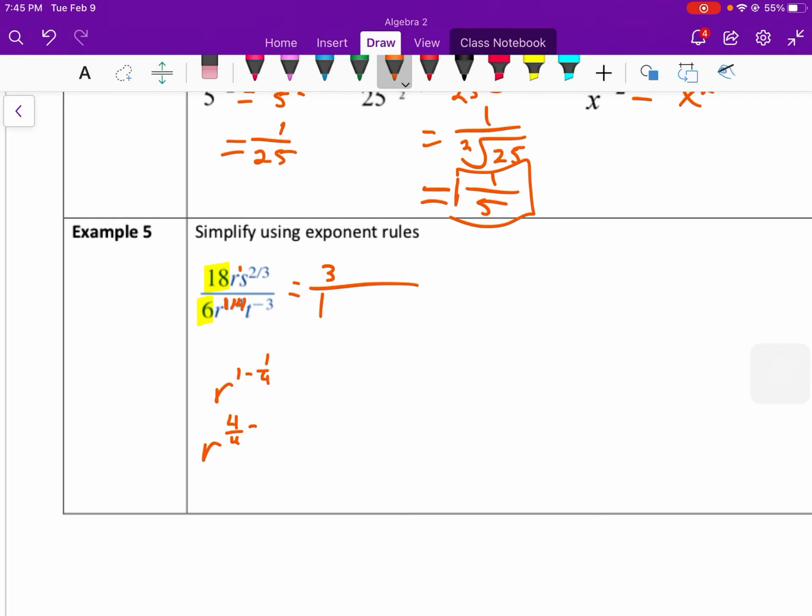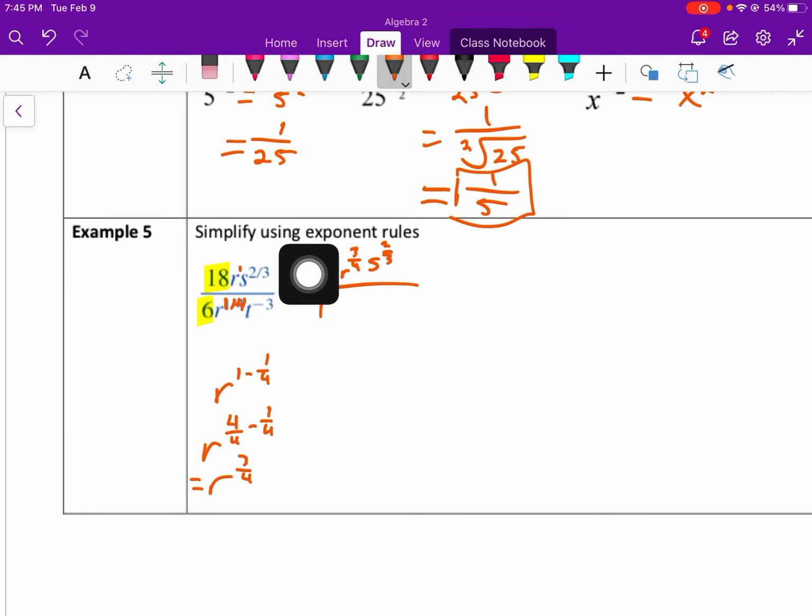In this case, 1 can be rewritten as 4/4. So when we subtract here, this is going to be r to the 3/4. And since 1 is bigger than a 4th, it's left on top, so 3/4. There's nothing in the denominator with an s, so s will remain the same, to the 2/3.